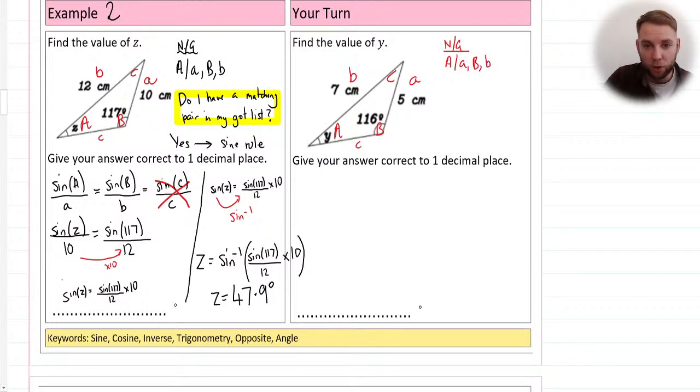Okay. The important question, we know it's the same every time. Do I have a matching pair in my got list?